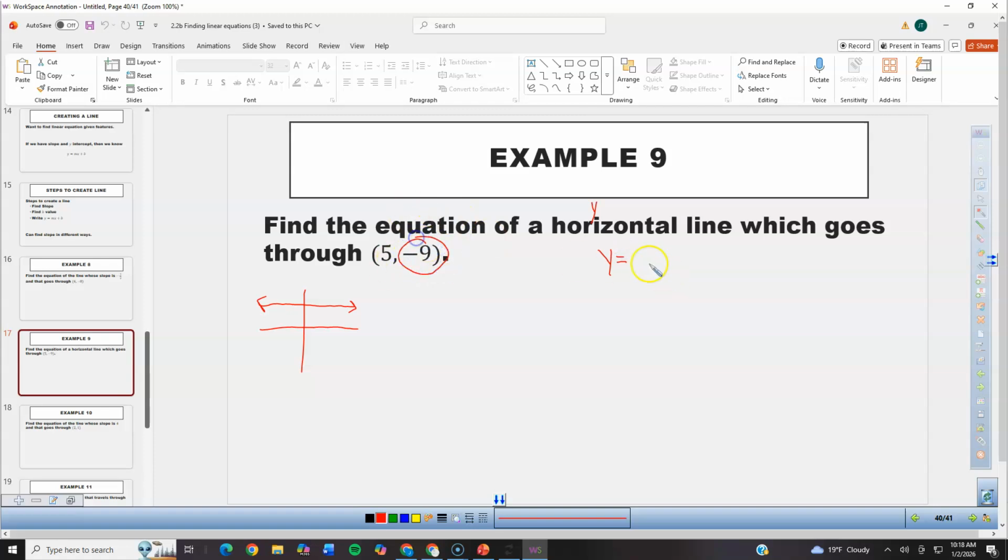Whatever your y value is. Negative 9. There we go. If it's vertical, it's x equals whatever the x coordinate is. And if you want proof of that, you could always do y equals, the slope would be 0x plus b. And again, when you solve that and plug in 5, you get y equals negative 9. Either way you do it.